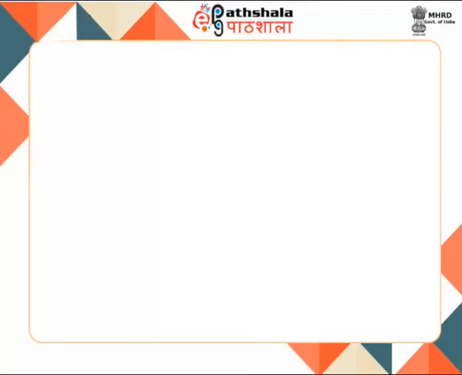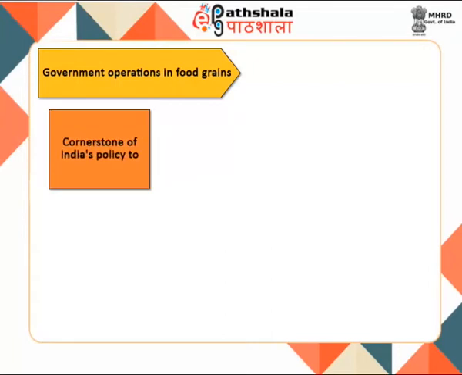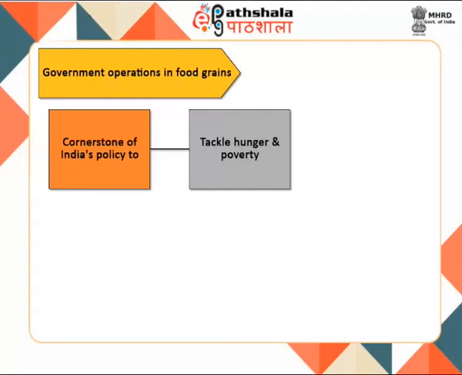Let us discuss the government operations in food grains. A review of government's operation in food grains and the PDS is imperative as it is the cornerstone of India's policies to tackle hunger and poverty and provide food security.